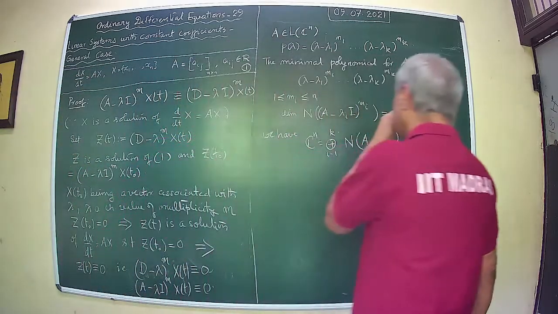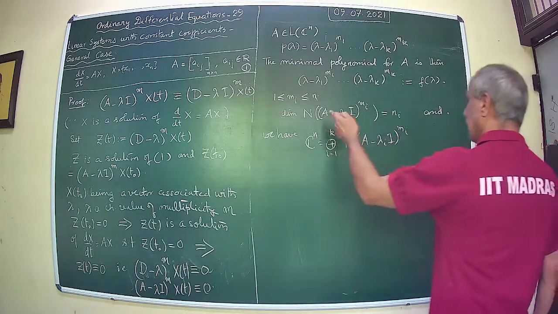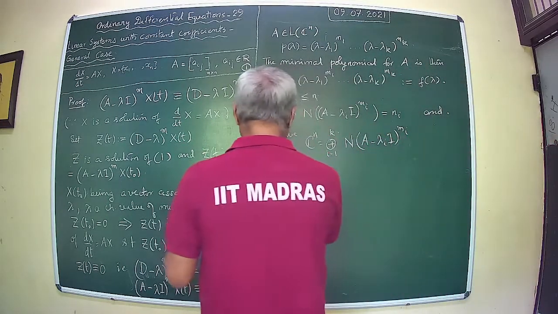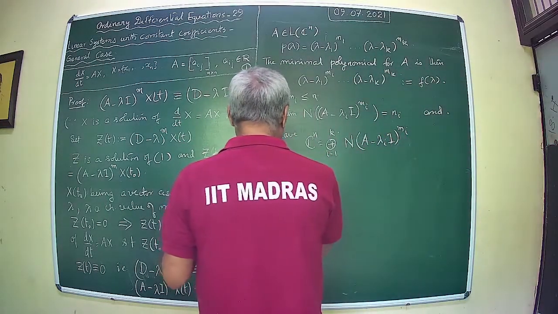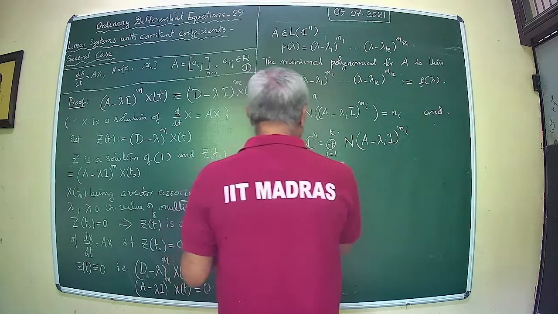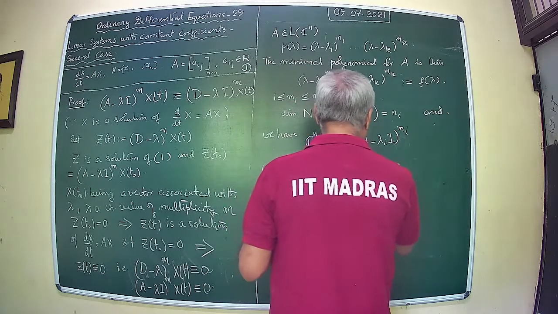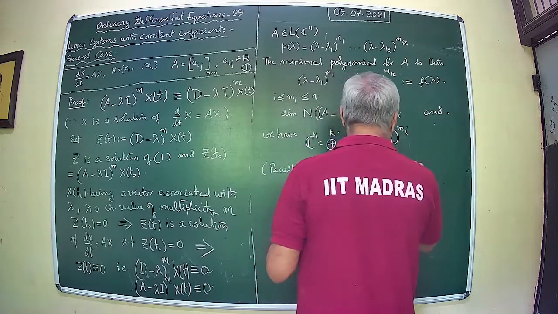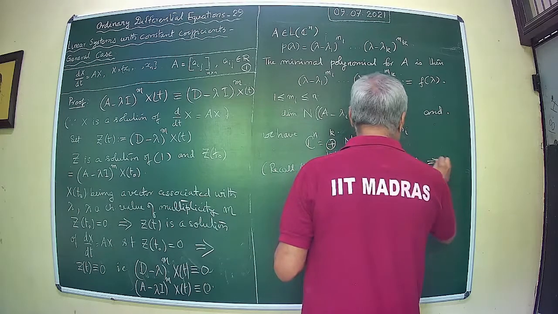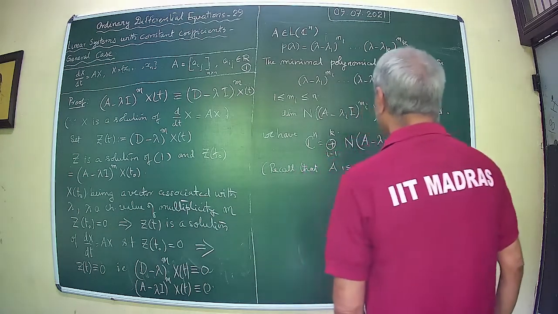Now you recall that A is diagonalizable if and only if, what do you have?